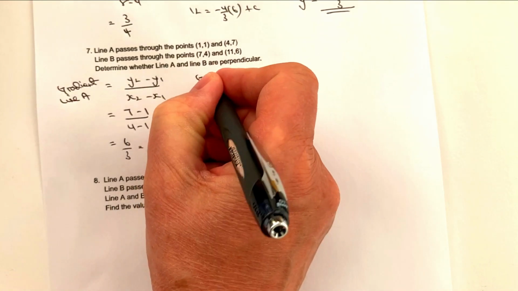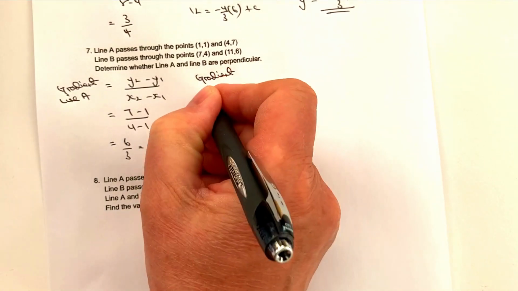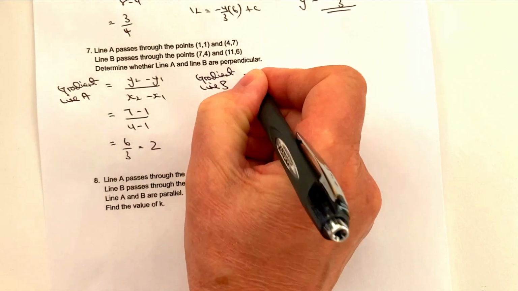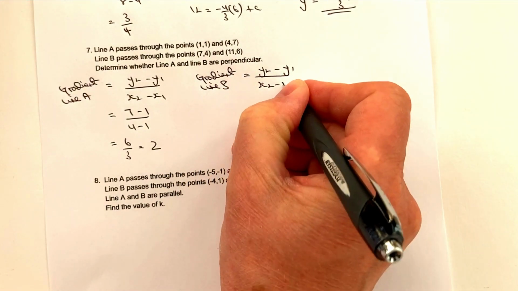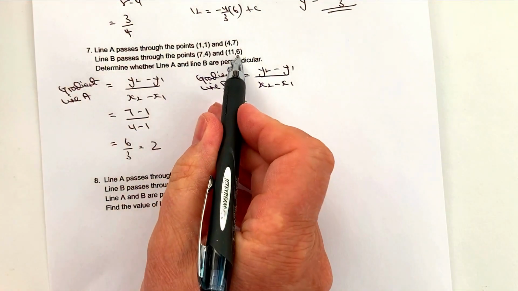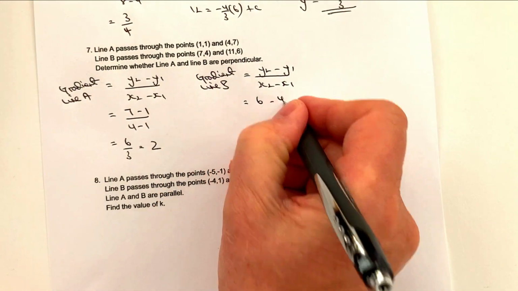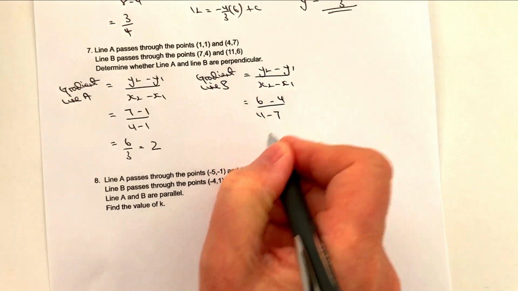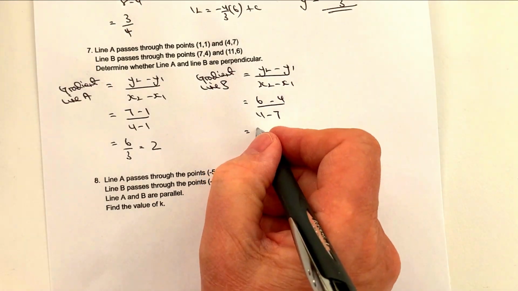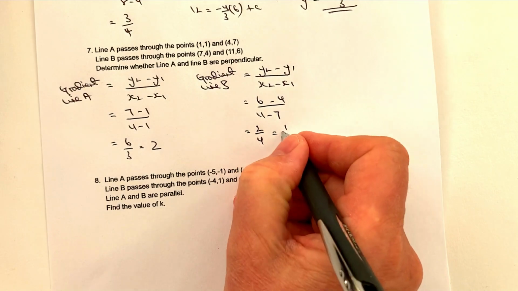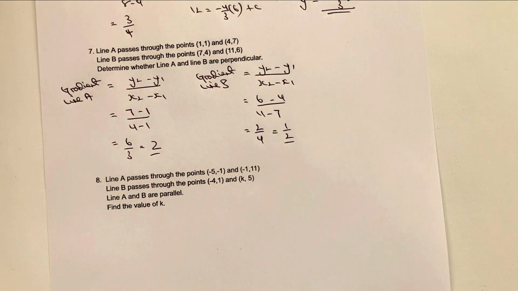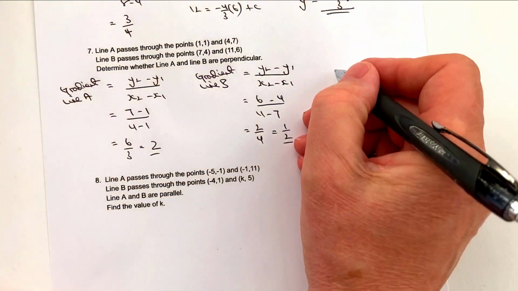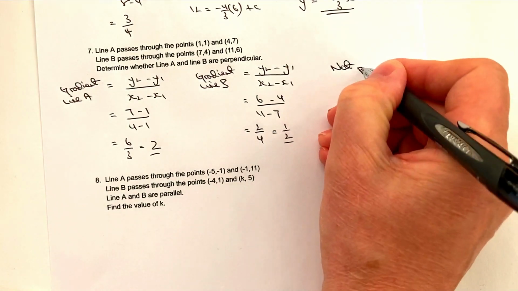We're going to look at the gradient of line B, using the same formula, y2 minus y1 divided by x2 minus x1. So we've got 6 minus 4 over 11 minus 7. That gives us a gradient of 2 over 4, which equals a half. So they are not perpendicular, because it's not the negative reciprocal. So not perpendicular.